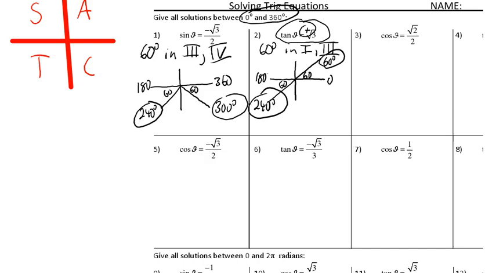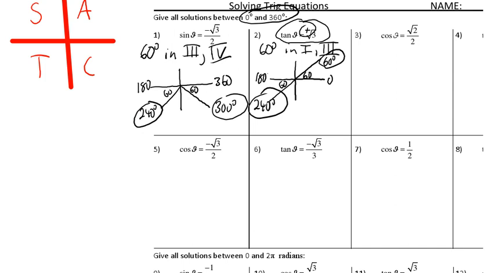Your calculator will always give you the fourth quadrant answer for a negative sine value. So it would give you negative 60 degrees, and you would have to use your knowledge of the unit circle to figure out the 240 degrees.